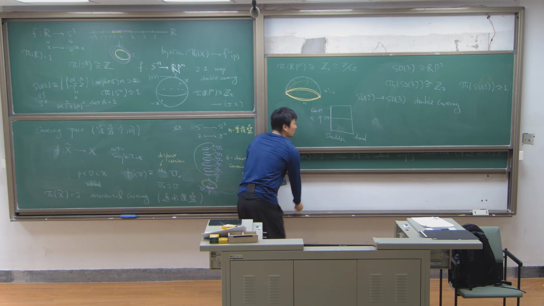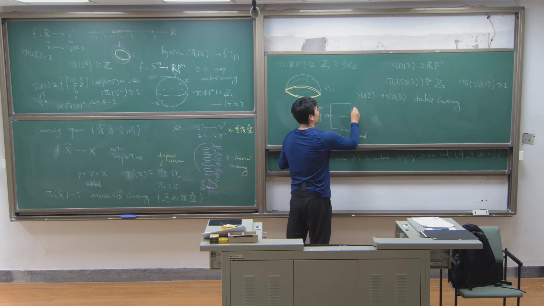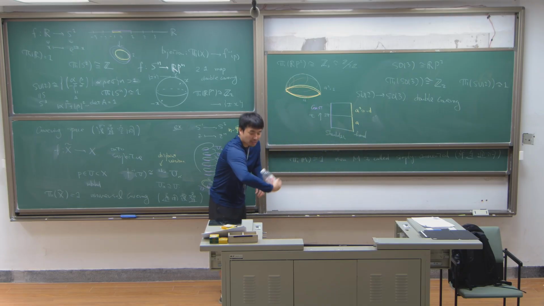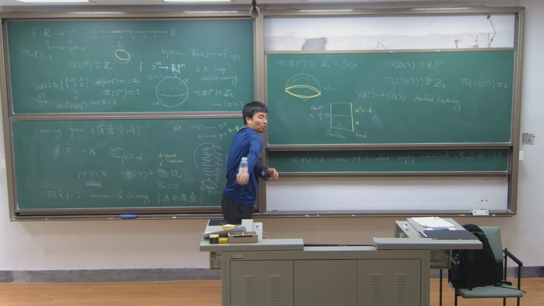So this is the yellow line A, and this is A square. And A square is trivial, but helpful. You can just bring it back to the original position. So this is a non-trivial element in RP3.